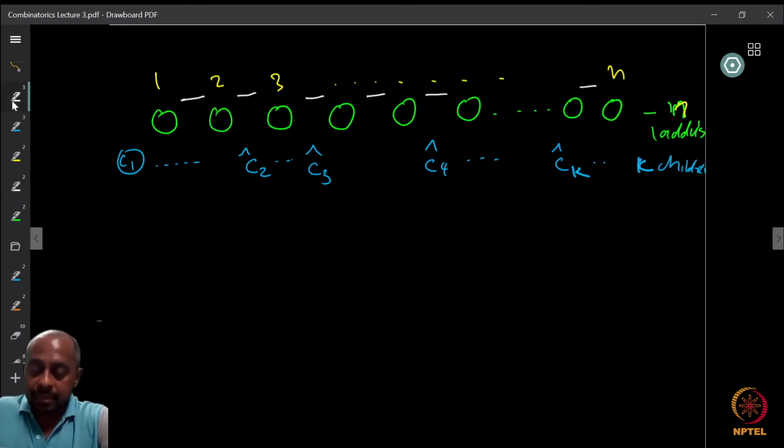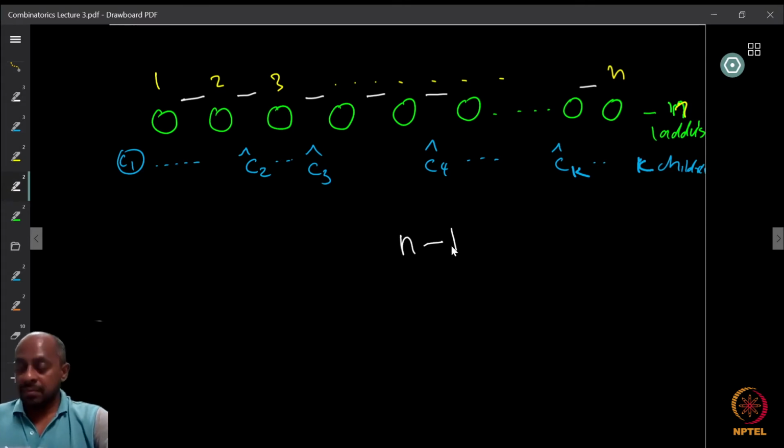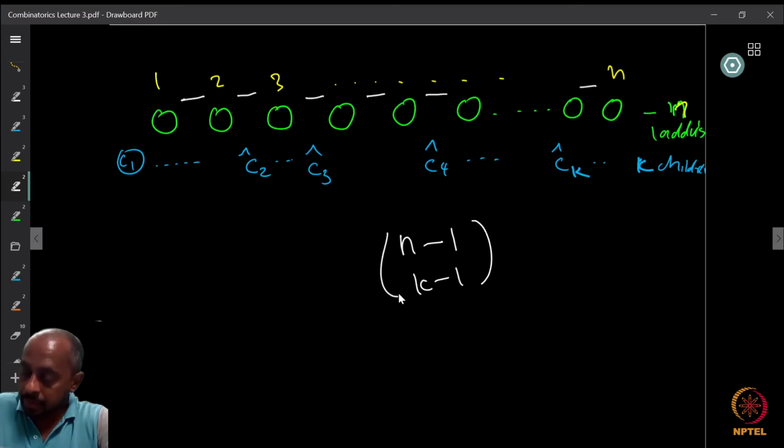So once we know that, we know the number of ways you can do that. And how many are there? Well, since there are n minus 1 gaps available, and we need to select k minus 1 of these gaps where the children can start, n minus 1 choose k minus 1 possible choices are there, right?